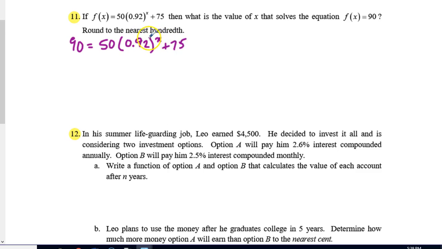There's several things we're going to need to do to isolate it. Hopefully you would recognize that we have an unknown exponent. You're going to need to use logs. Logarithms are useful to solve for an unknown exponent, but don't use them yet. First, isolate the exponential function. Undo that plus 75. Undo that division by 50.